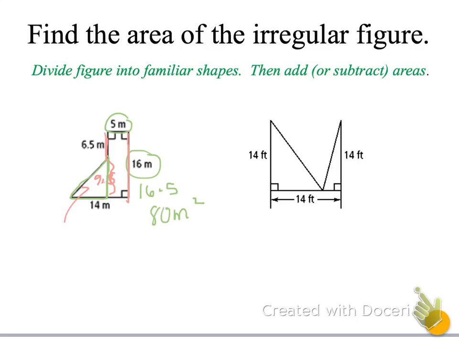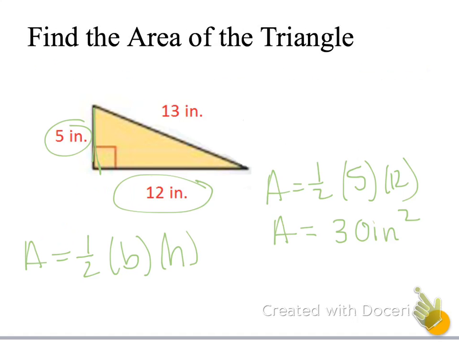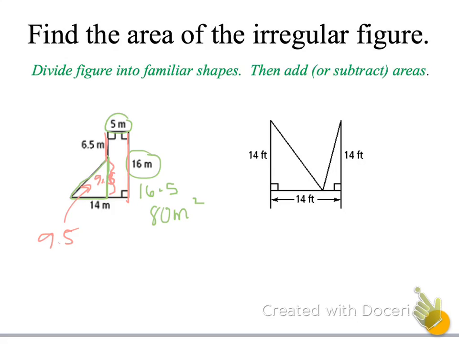Okay, so then for the area of a triangle, 1/2 base times height, we need to find the base because that whole thing is 14. So since that whole thing is 14 and this little portion here is 5, 14 minus 5 will get me that triangle's base, which is 9. So now I'm looking at a triangle with 9 and 9.5.